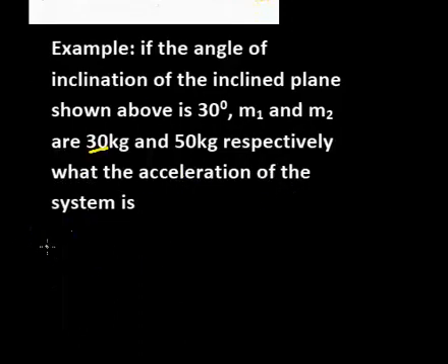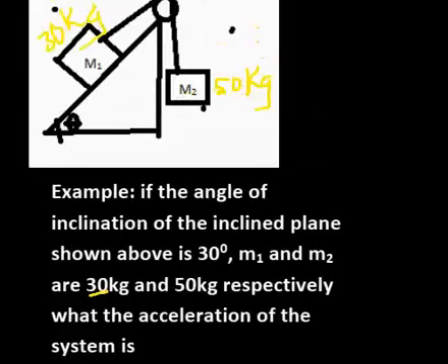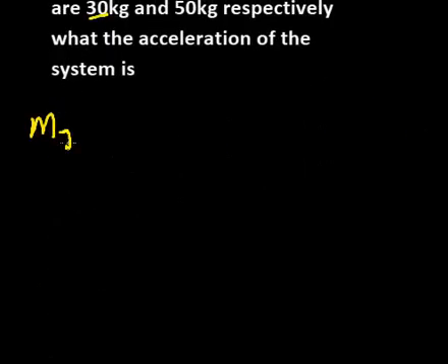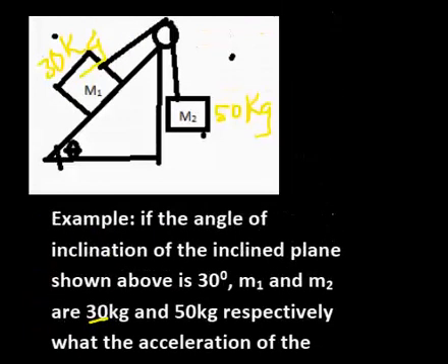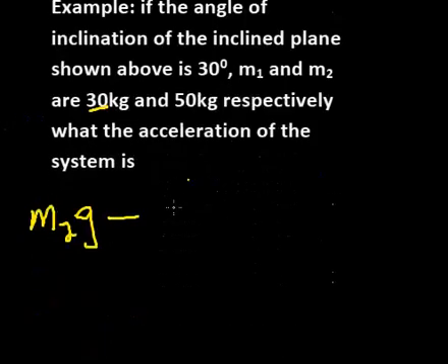For an inclined plane, you know how we do it, okay? It's the same formula. For this inclined plane, the pulling force is still M2G, right? Then minus the frictional force. Remember, frictional force is mu times normal reaction.